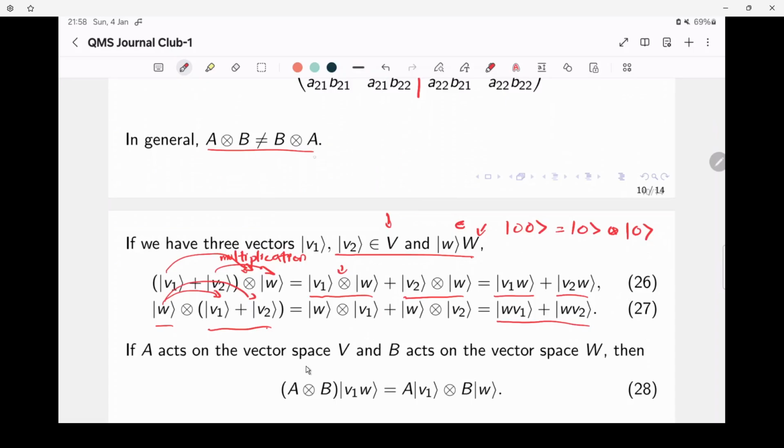So over here, you can see something like this. They do not commute. So A tensor B is not equal to B tensor A in general.